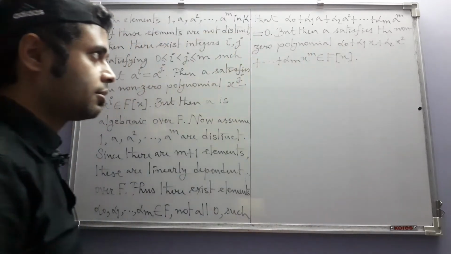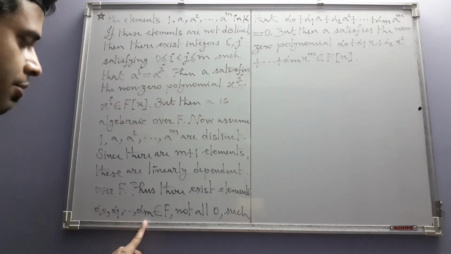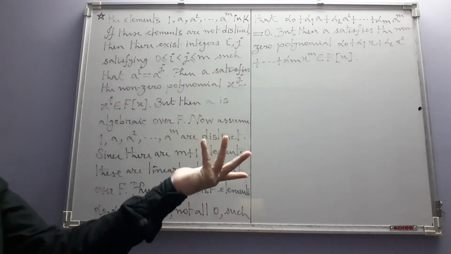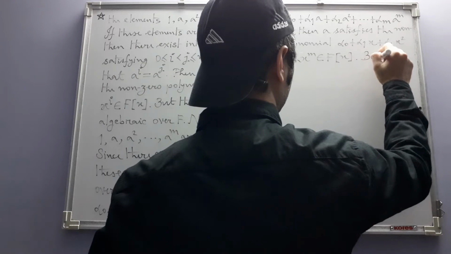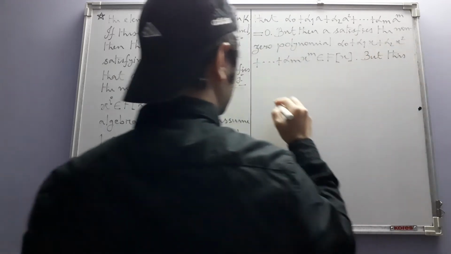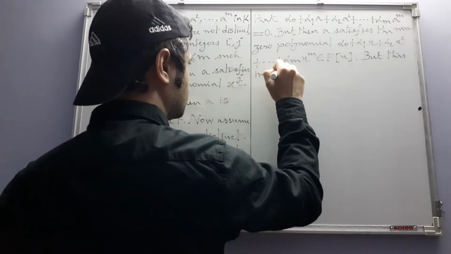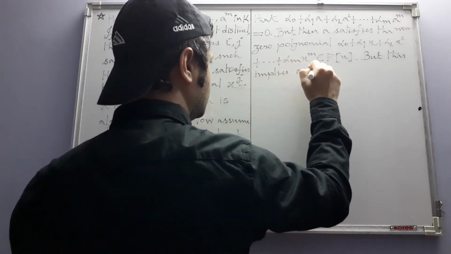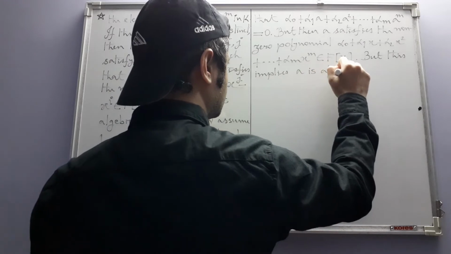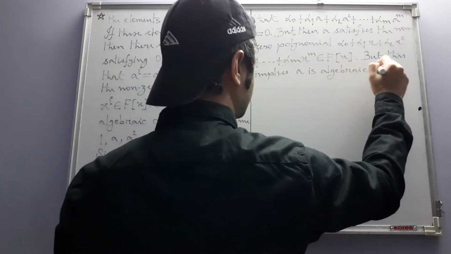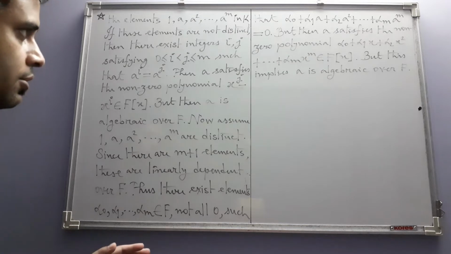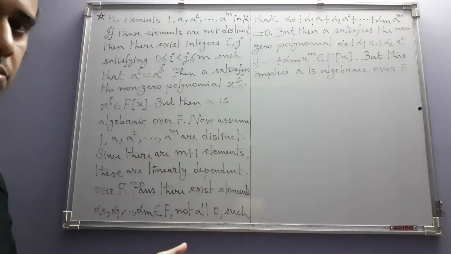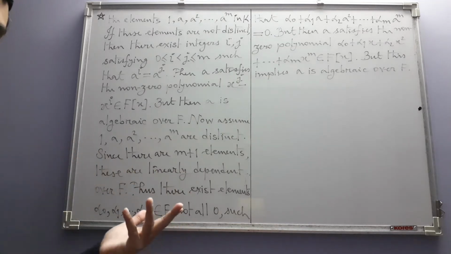Why is this polynomial non-zero? Because not all the alphas are 0, so not all the coefficients are 0. But this implies A is algebraic over F. So in any case we have shown that if F(A) is a finite extension of F, then small a is algebraic over F. So one half of the result has been proved.